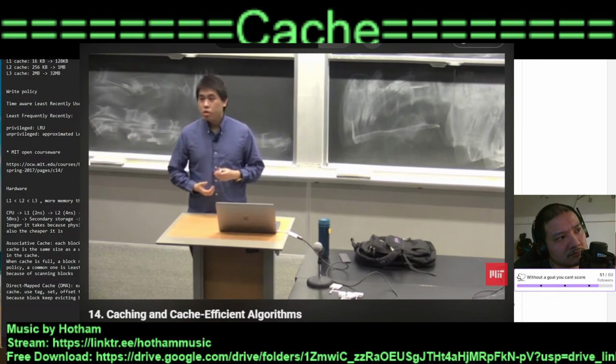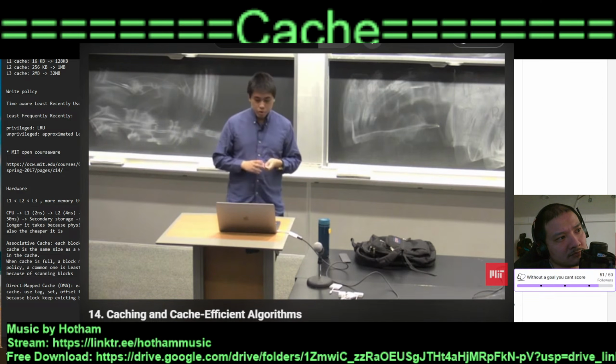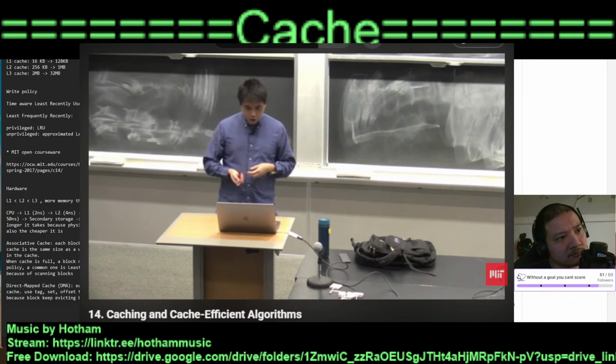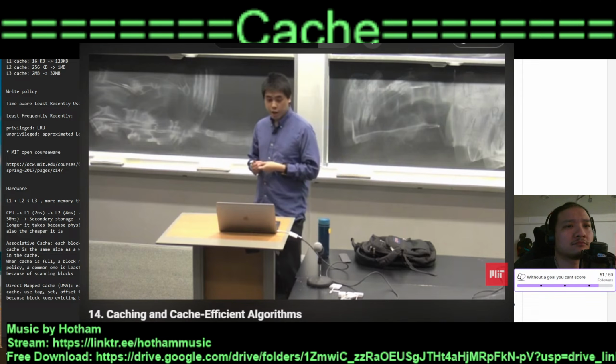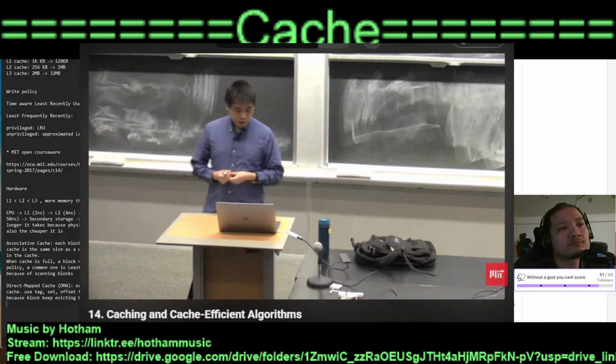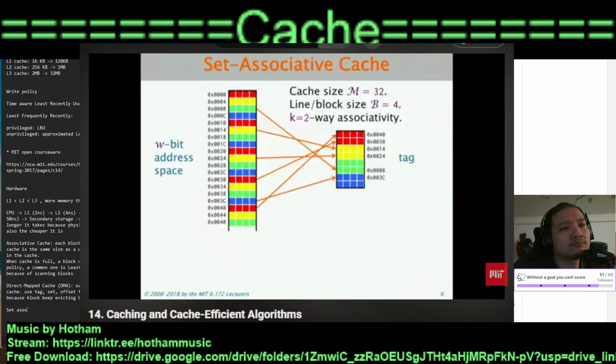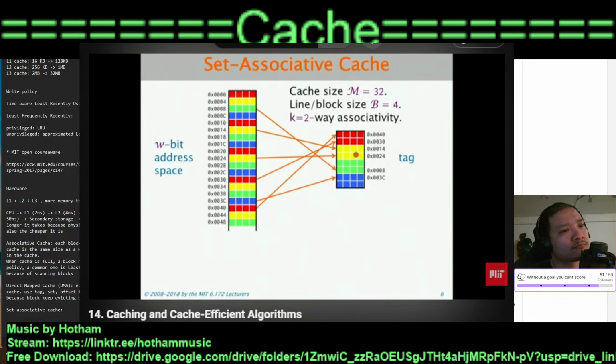OK, so these are sort of the two extremes for cache design. There's actually a hybrid solution called set associative cache. In a set associative cache, you still have sets, but each of the sets contains more than one line now. So all the red blocks still map to the red set, but there's actually 2 possible locations for the red blocks now.